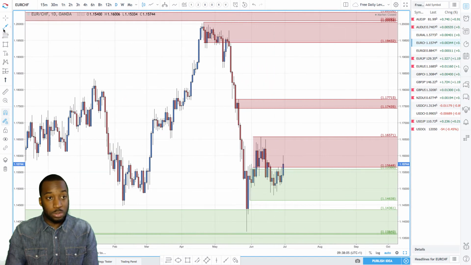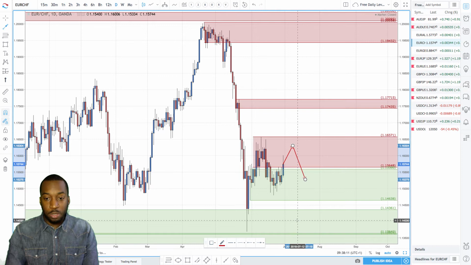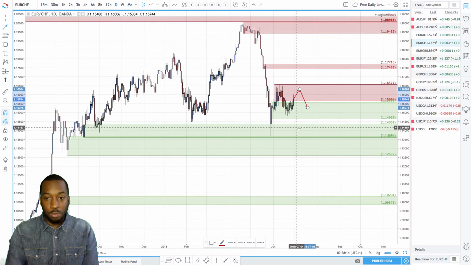So you could see some supply here, demand here, but I think my preferred demand zone is going to be around this area here, if prices can fall down to this area here.